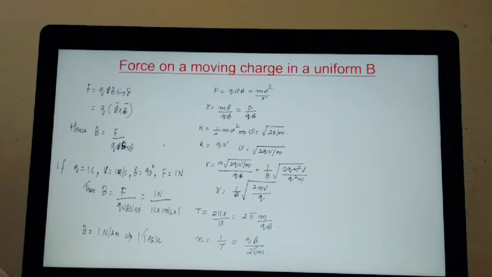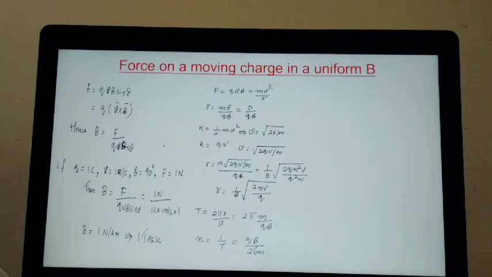So radius r is equal to m into that v, which you can replace by root of 2qV by m, divided by qB. So 1 by B into root of 2q into that m, which is outside the square root, will enter as m square. So 2q m square V divided by q square is inside, with B taken out, and that q will enter into the square root as q square multiplied by m.